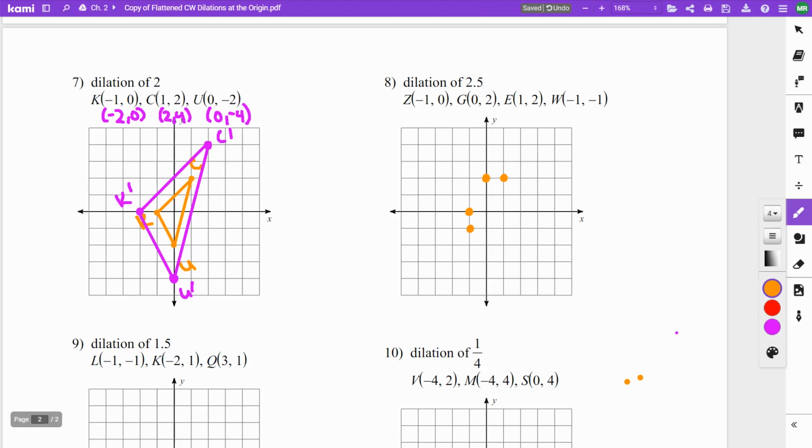Okay. And this is my Z, my G, my E, and my W. And I'm going to connect them.